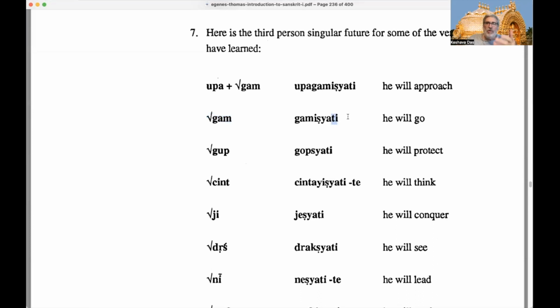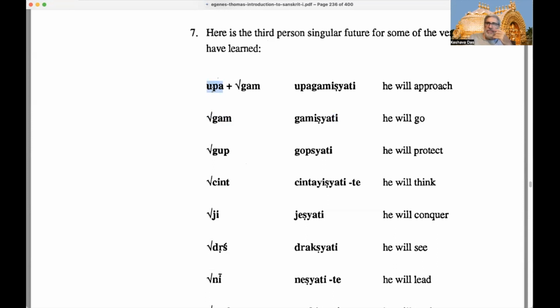So it means he, she, or it will go, right? He will go, she will go, it will go, right? Gamishyati. Now, if we also add before the root gum what we call an upasarga or a prefix, right? Upa means close by. Upanishad means to sit close to the guru, to the teacher.